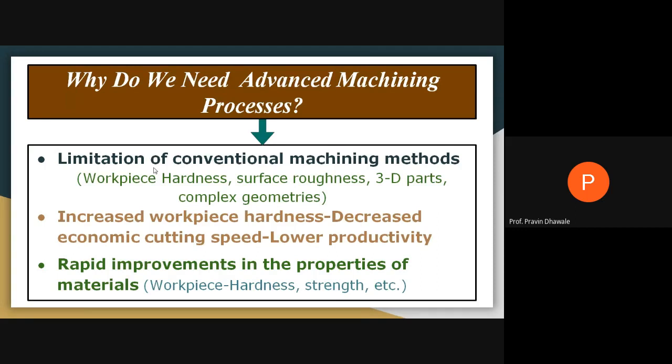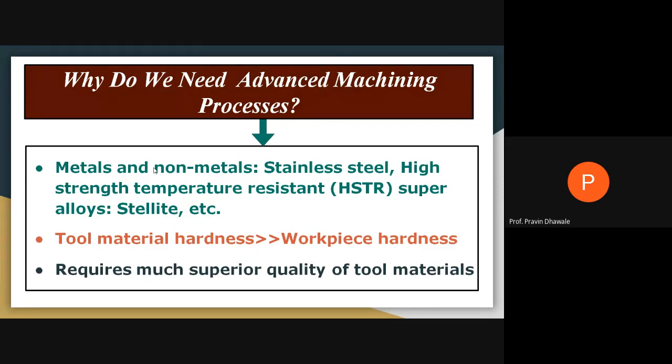Surface treatment, strength, we may call it heat treatment, right? Heat treatment of the material is carried out. Because of that, a certain portion of the workpiece material becomes hard, brittle, or its strength is increased. That will be the limitation of this non-conventional process.